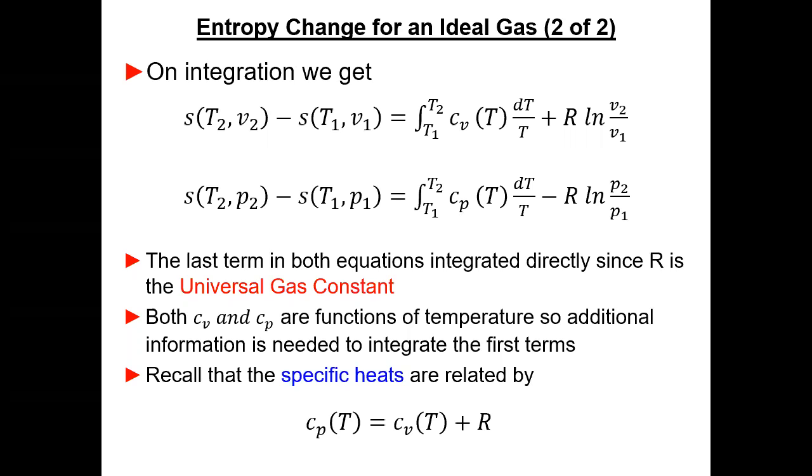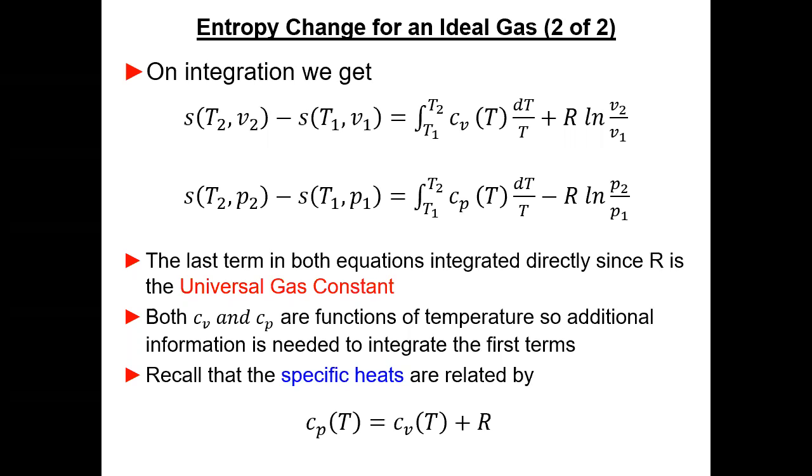Okay, so that's all good. Then you have to figure out how you're going to handle the specific heat. Most of the time, especially at this level, we just assume it's constant, and then you integrate that into Cp times the natural log of T2 over T1.